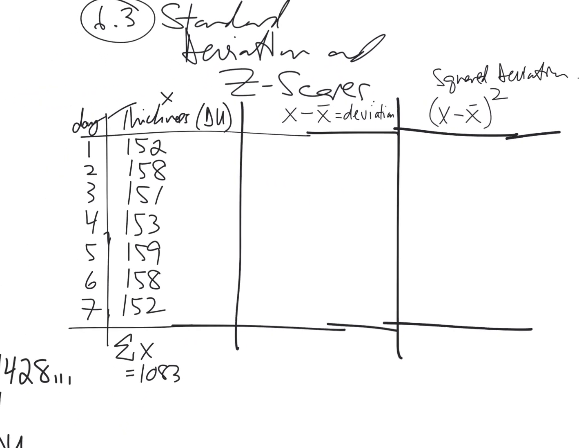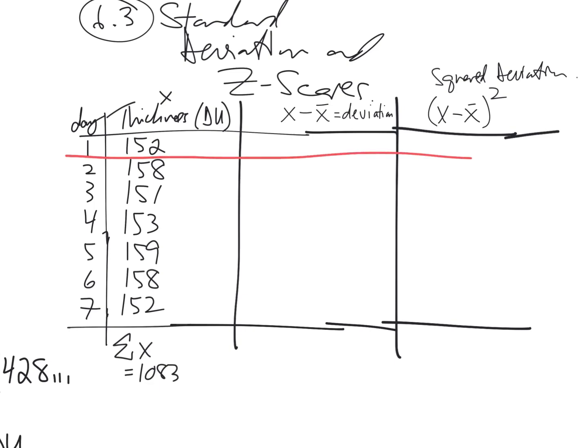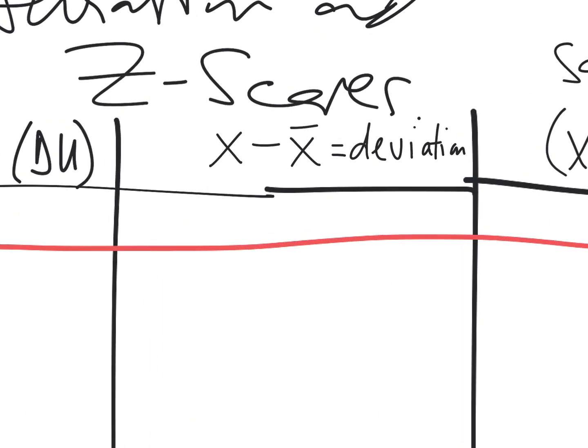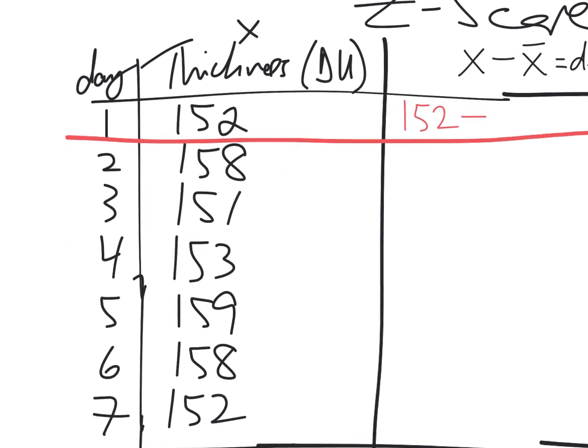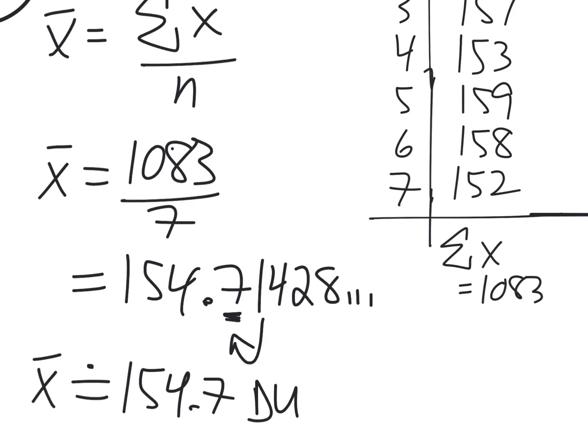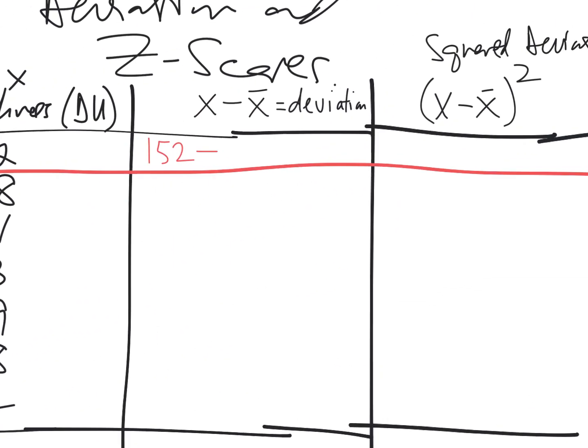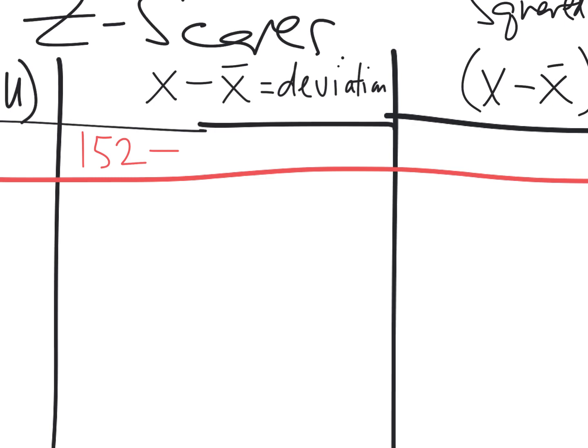Okay, so row 1, it's going to be 152 minus the mean that we calculated, 154.7. In this case, the answer is negative 2.7.